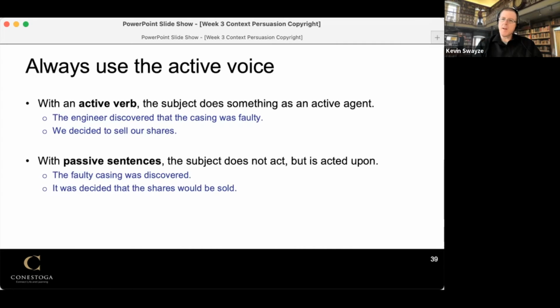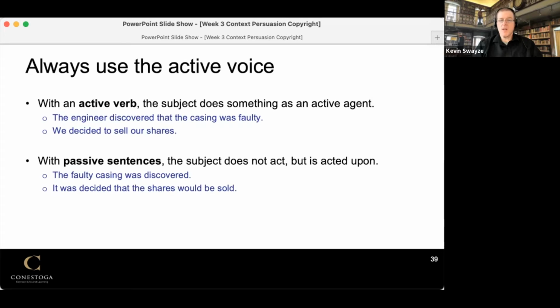If you look at the bottom, where it's passive, which is not as effective, it was decided that the shares would be sold. It is grammatically correct, but between those two sentences, we decided to sell our shares, or it was decided that the shares would be sold.